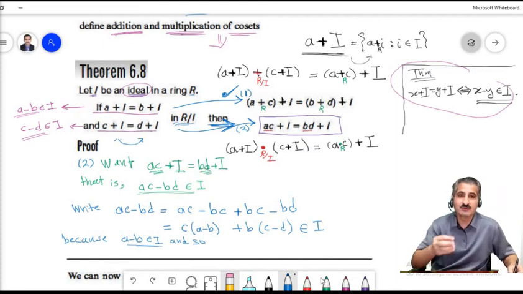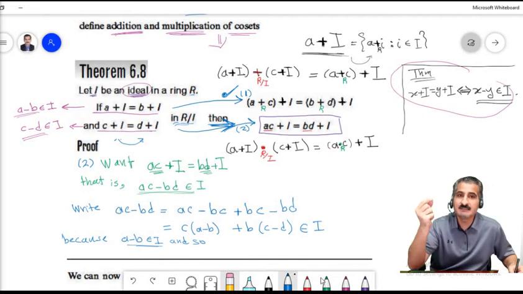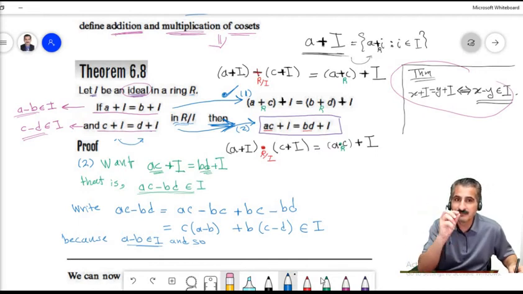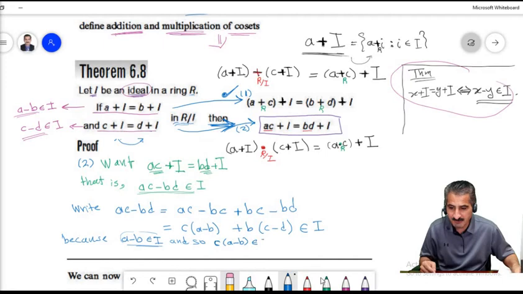So if we multiply any element from the ideal I and any element from the ring, the result of the multiplication must be absorbed inside the ideal I. And now C is any element from the ring, and we have A minus B belongs to I, so C times A minus B must belong to I.